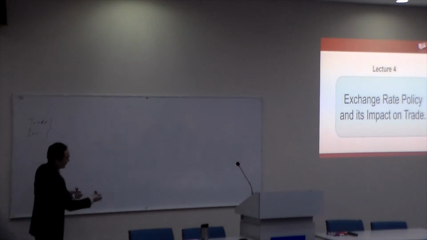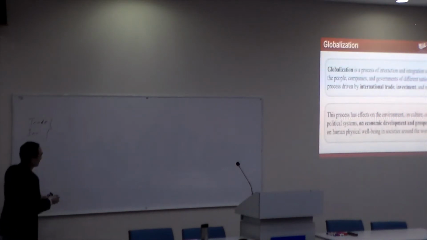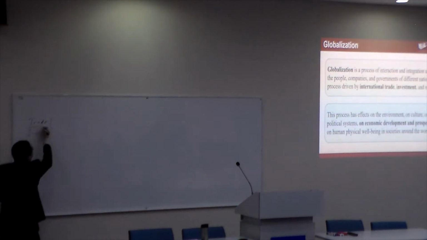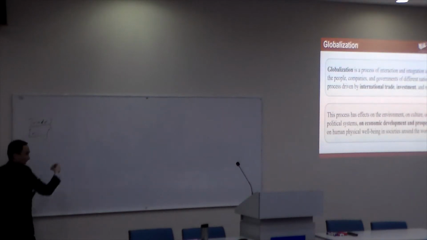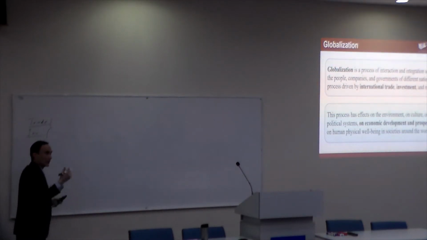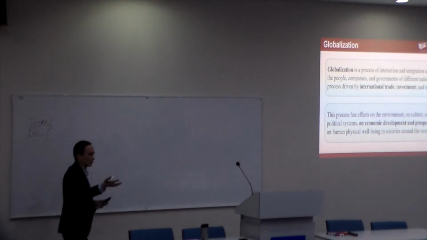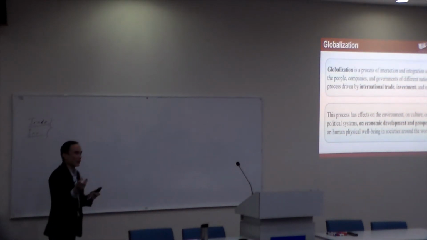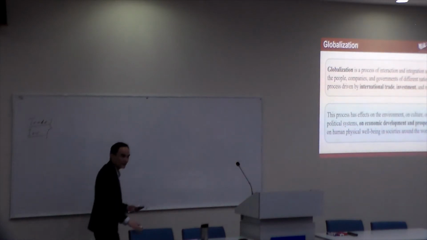So look, regarding international trade, its importance is very high because of the impact of trade. Now nations are getting richer and richer. It gives countries the opportunity to practice their comparative and absolute advantages, right?